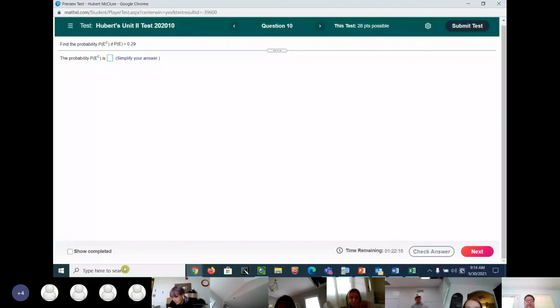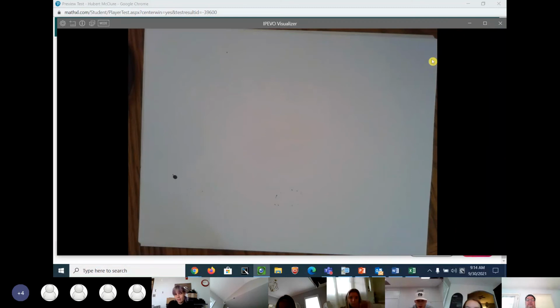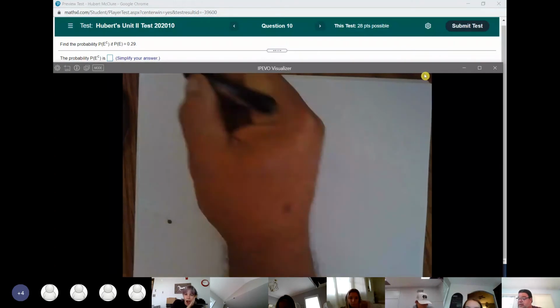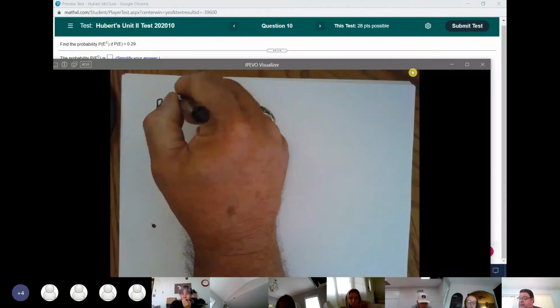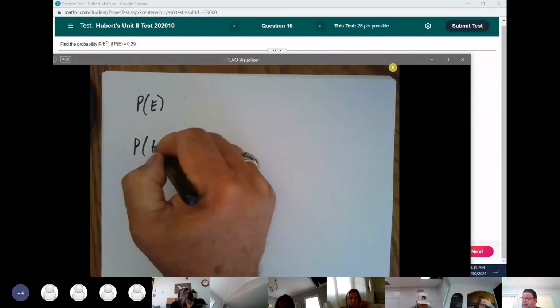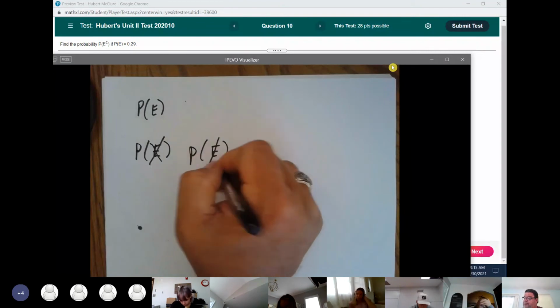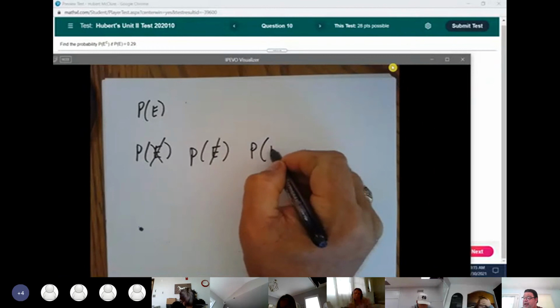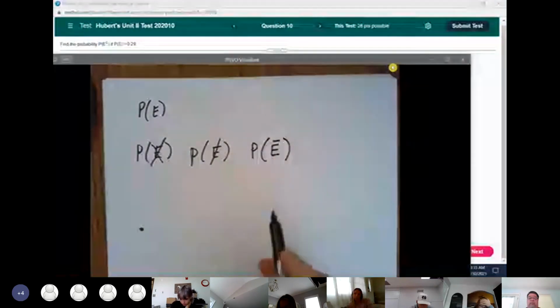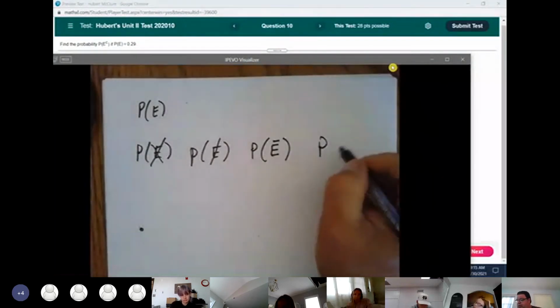I write the complement as the probability of an event with an X or a slash through it, or with a line over it. I've never seen it with a superscript C before. But this is a new book, and I'm going to do what it says.